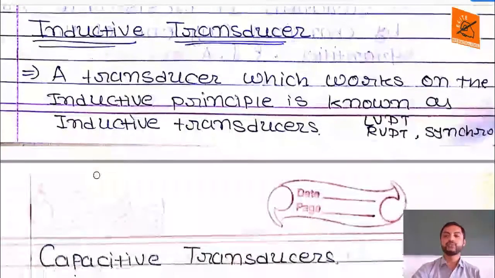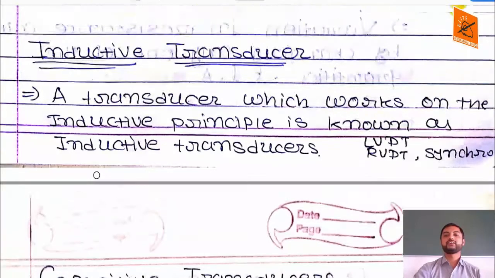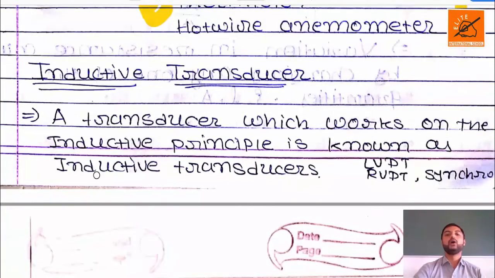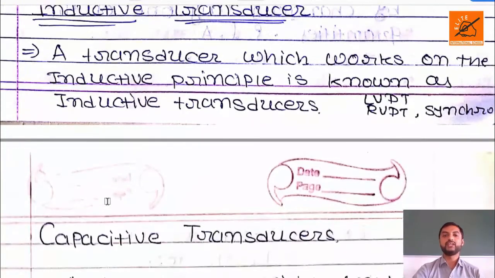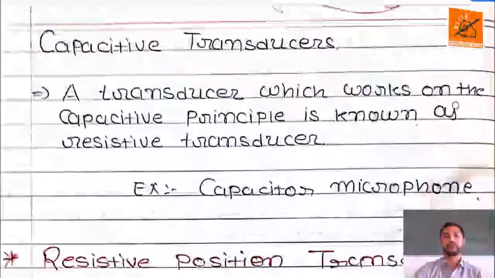Inductive transducers are transducers which work on the inductive principle. Here are some examples of inductive transducers: LVDT, RVDT and synchro.